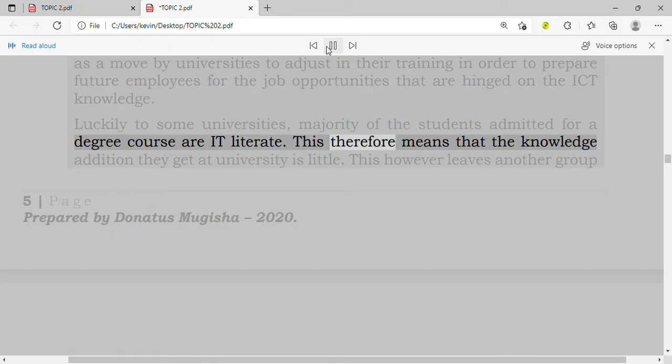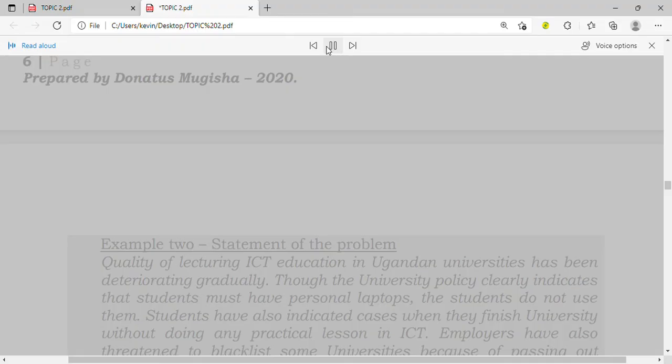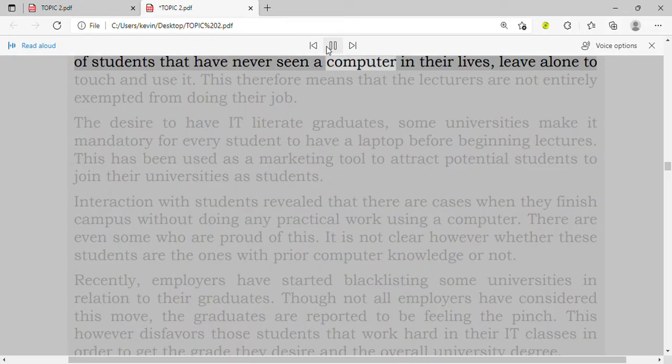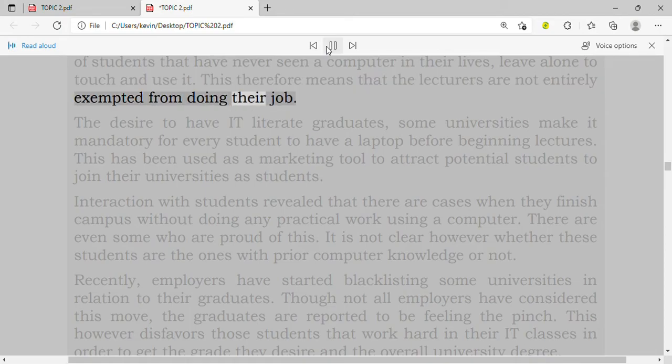This therefore means that the knowledge addition they get at university is little. This however leaves another group of students that have never seen a computer in their lives, leave alone touch and use it. This therefore means that the lecturers are not entirely exempted from doing their job.